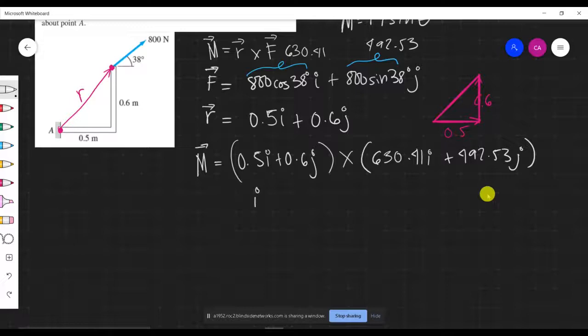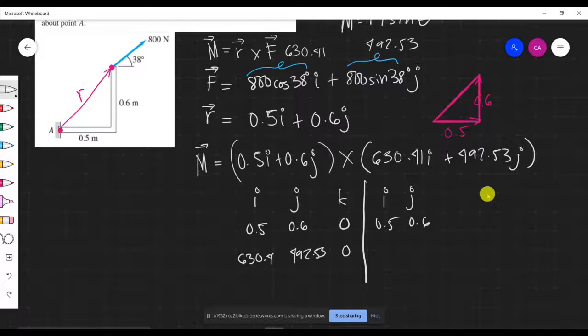So, I, J, K, then 0.5, 0.6, 0 yung K, then 630.4, 492.53, tsaka 0. So, ang gagawin natin dyan is parang naghahanap tayo ng determinant. So, kopyahin natin yung I, kopyahin natin yung J, 0.5, 0.6, 630.4, 492.53. Okay? So, ito yung technique na sinasabi ko.